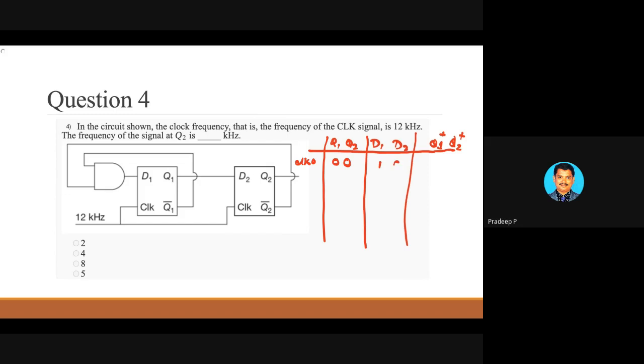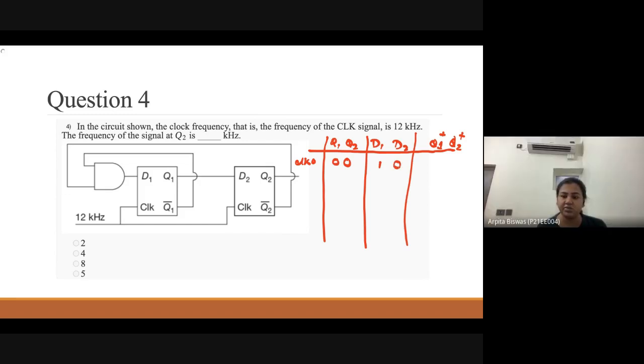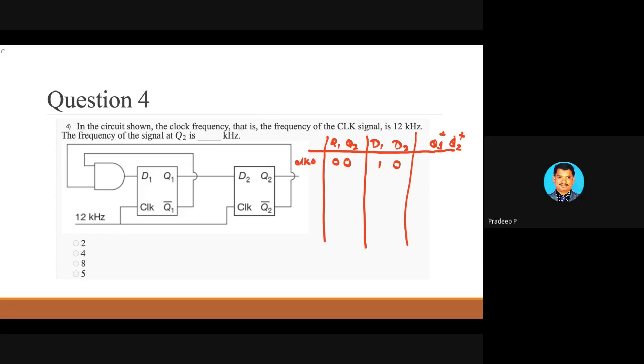Q2 also 0, and Q2 bar 1. Correct, madam. Then what will be the next level, like Q1 plus and Q2 plus, what will be the value? Q1 plus is 1, and Q2 plus is also 1, madam.